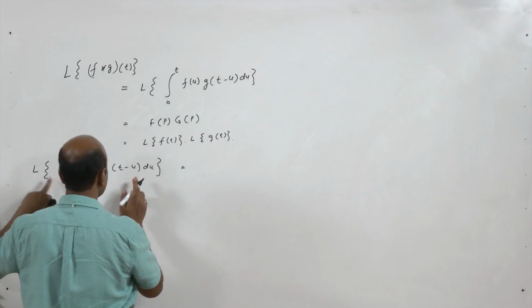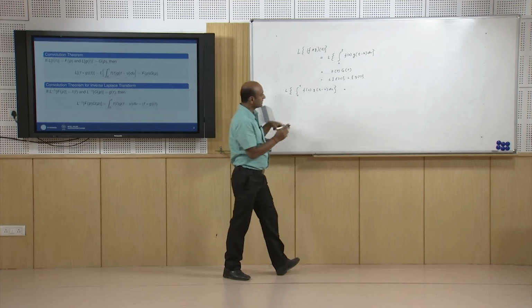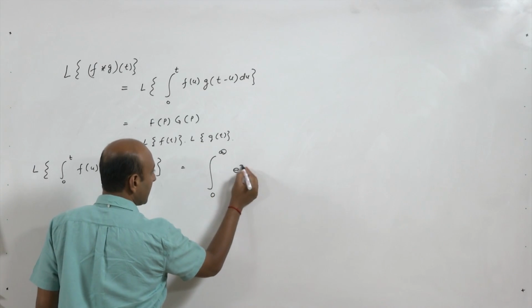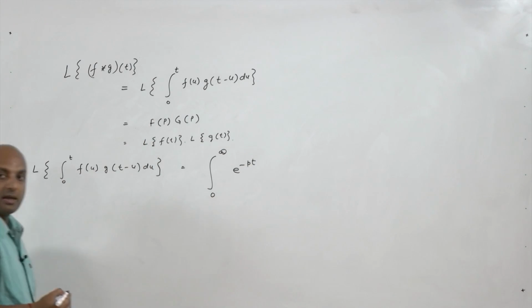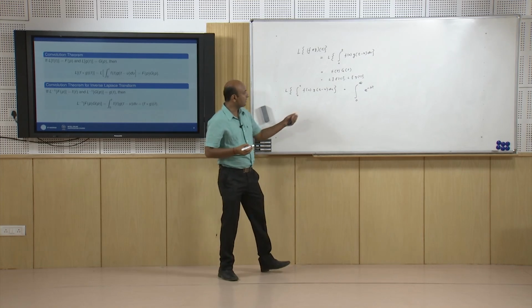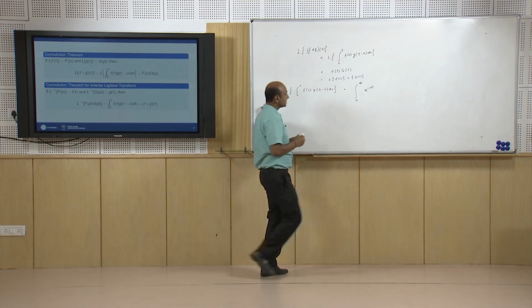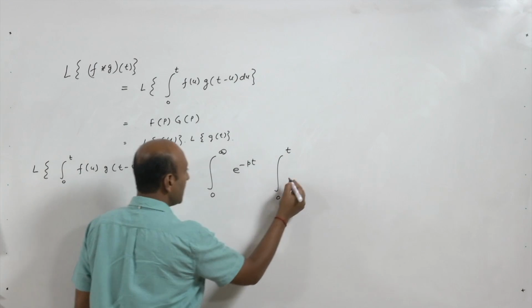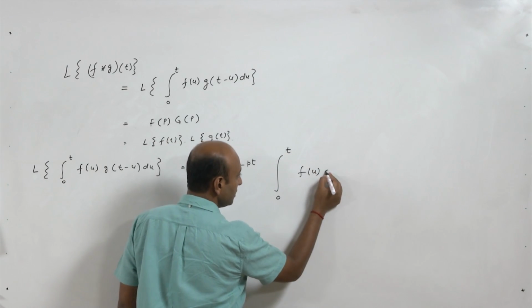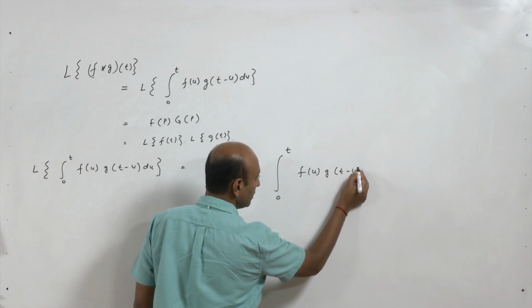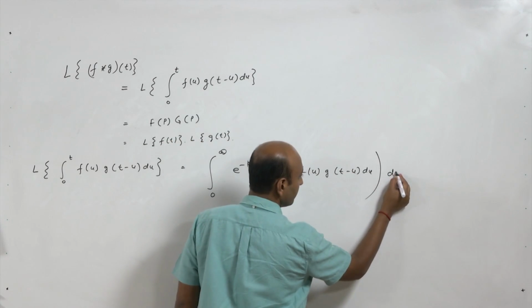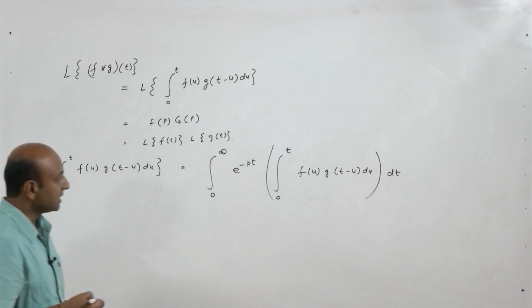How do we define the Laplace transform of some function F(t)? It is the integral from 0 to infinity of e to the power minus p t, and instead of F(t) we have this entire expression, the integral from 0 to t of f(u) g(t minus u) du, all multiplied by dt. This integral is over t.